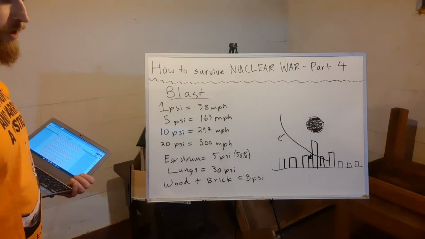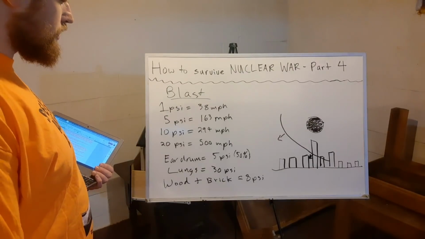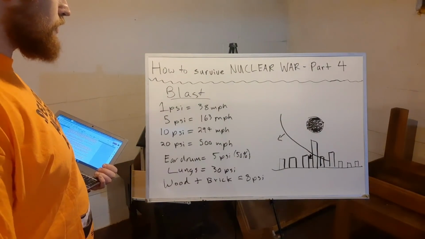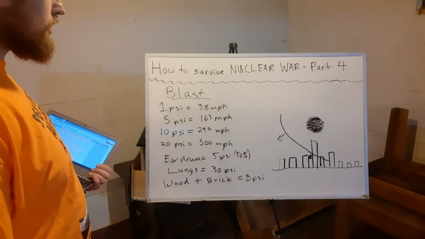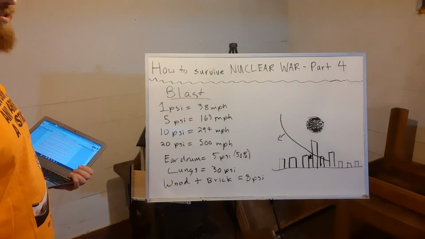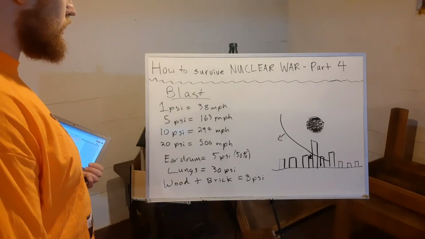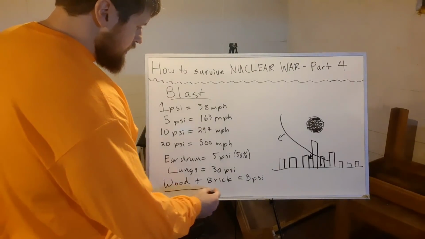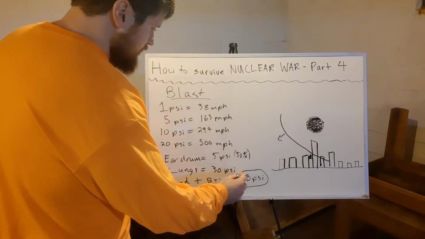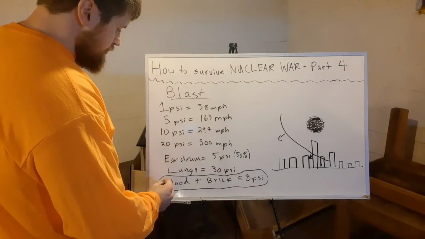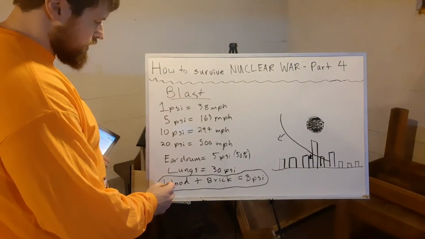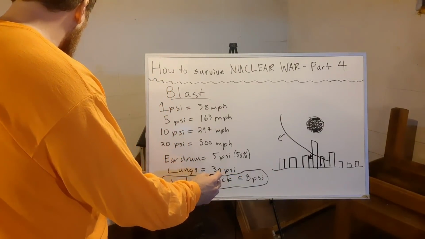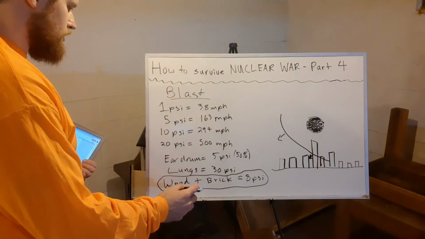After the Hiroshima and Nagasaki bombings, when the United States dropped two atom bombs on Hiroshima and Nagasaki, which were airbursts, and I talked about the difference between airburst and surface burst in the last video in part 3, they found that an overpressure of 8 psi is enough to completely destroy all wood and brick houses or brick structures. So that's something to keep in mind.